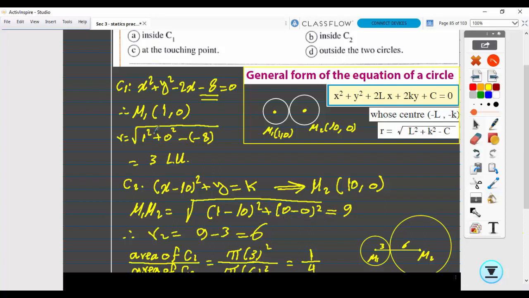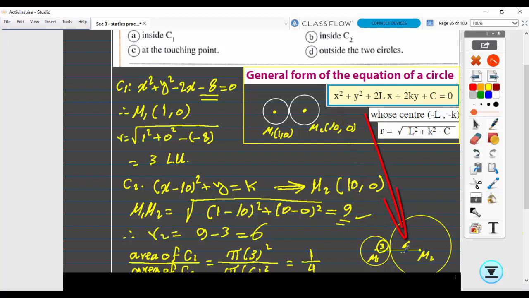Here we have (1, 0) and (10, 0), so (1 minus 10) all squared plus (0 minus 0) all squared. The result equals 9. But the radius length of the first circle is 3, and the length of M1M2 equals 9.